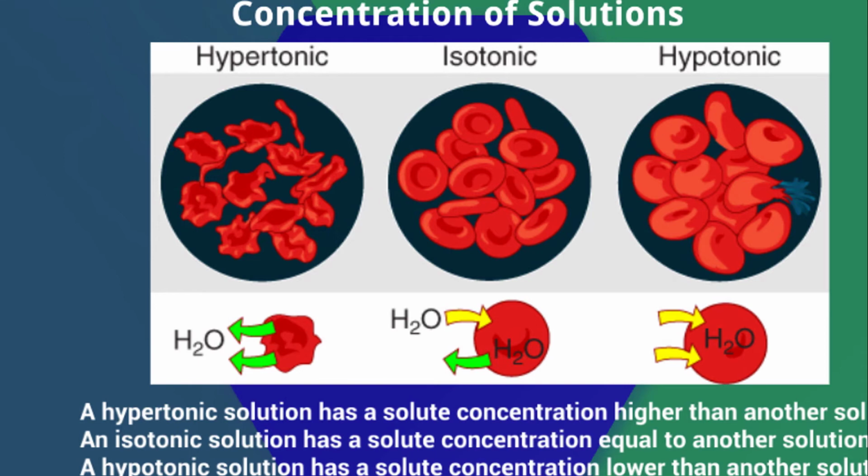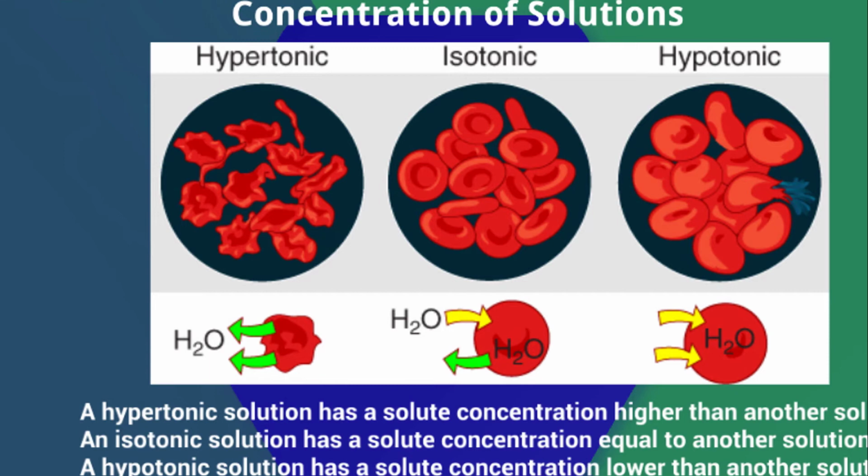In contrast, a solution that has a lower concentration of solids than another solution is said to be hypotonic. And water molecules tend to diffuse out of a hypotonic solution to erythrocytes.